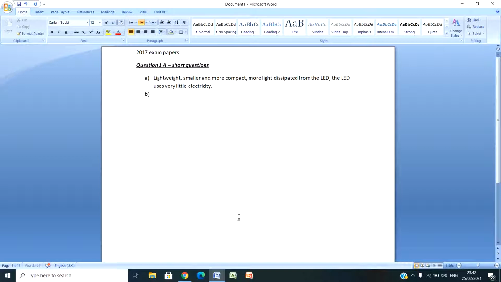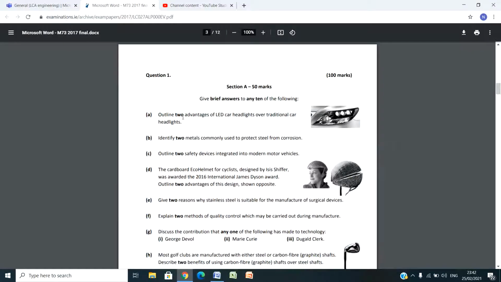So that is part A done. The second question is part B, and that says identify 2 metals commonly used to protect steel from corrosion. Let's say I wanted to sheet a shed at the side of my house, and I wanted to use some sort of metal that I didn't want to rust.